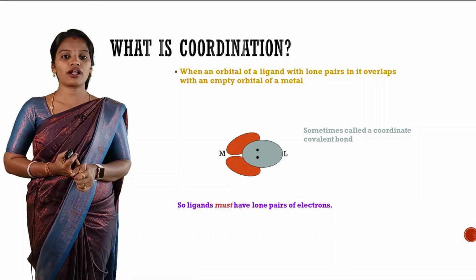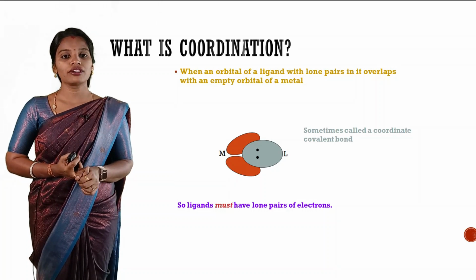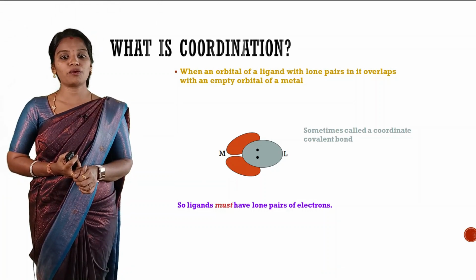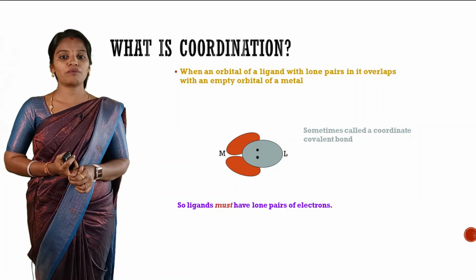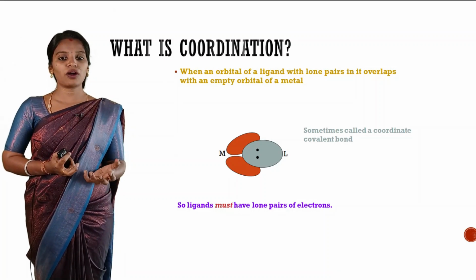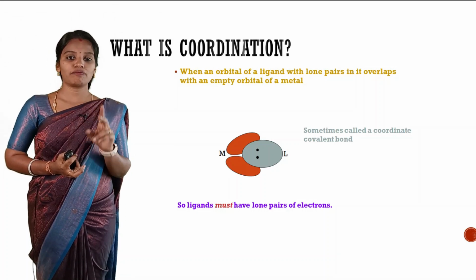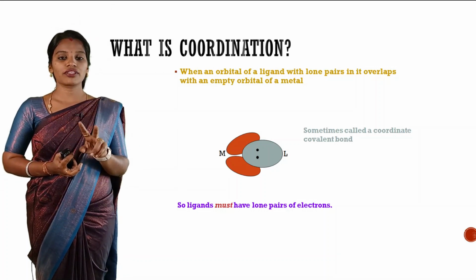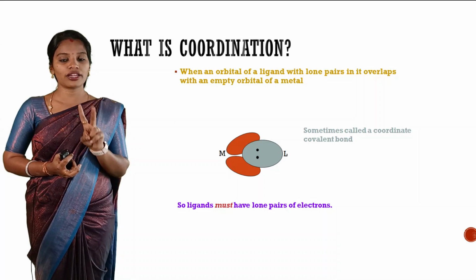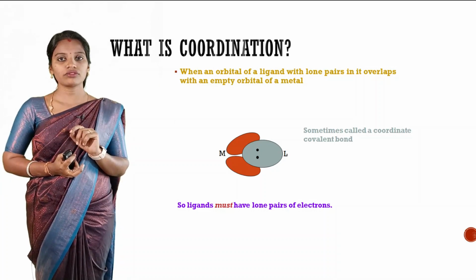What do we mean by coordination covalent compound? It is nothing but a dipolar bond, or dative bond. It means the two centers, metal and ligand, will form a coordination covalent bond.